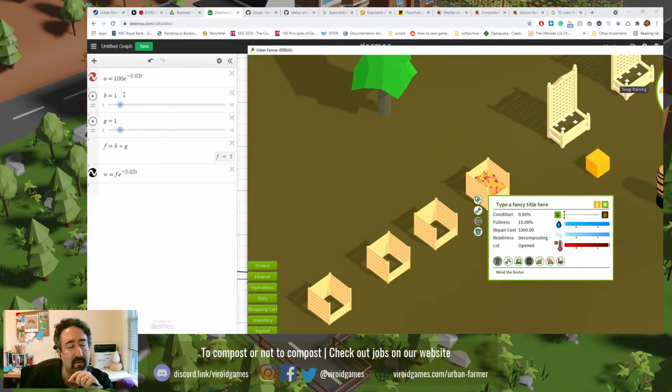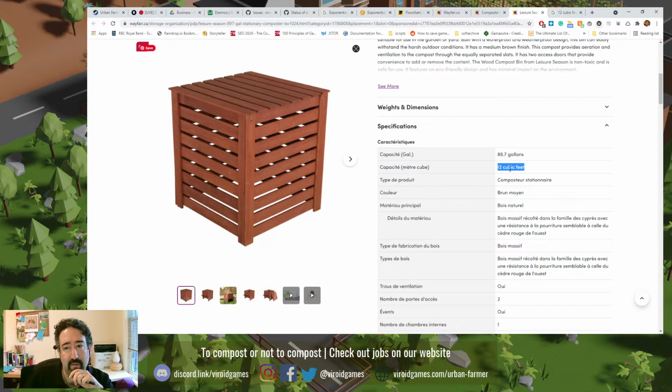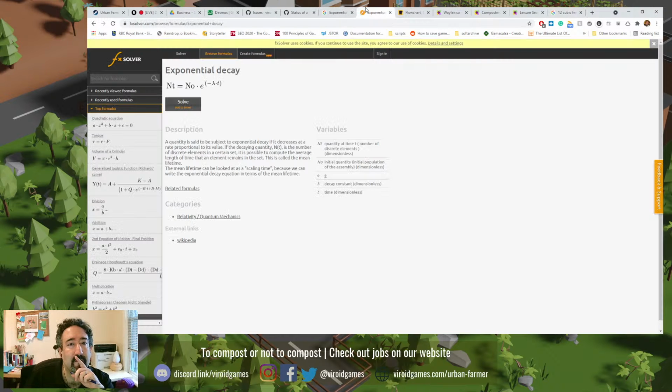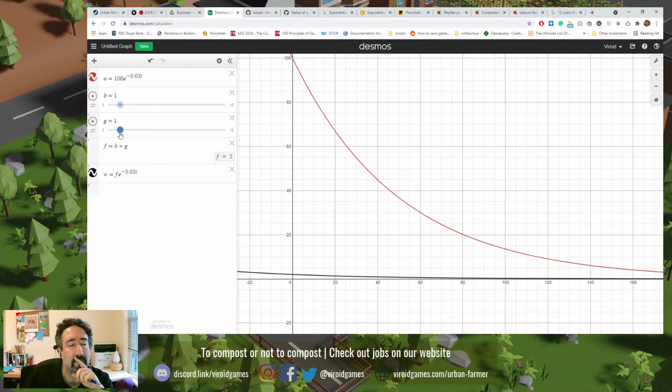This is going to be in liters. We have a model of compost here with roughly 340 liters. So we know that the water requirement will have to depend on it, if we pretend that every hour it's losing 2% of its water content.